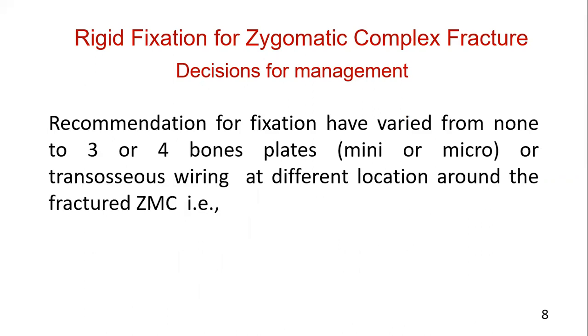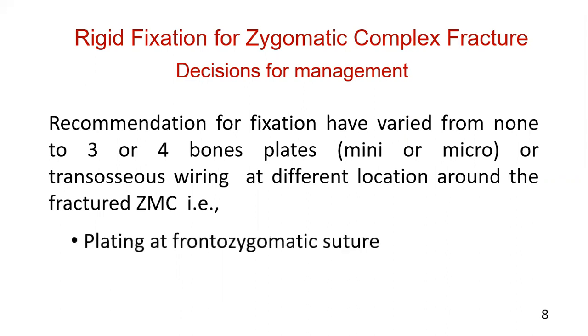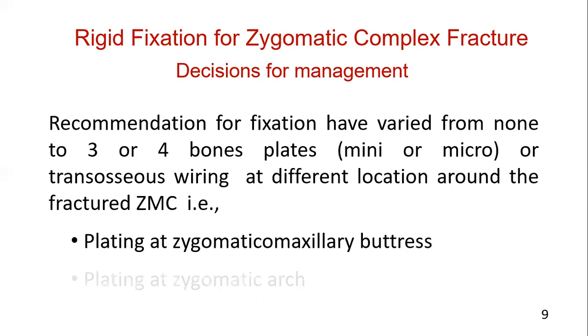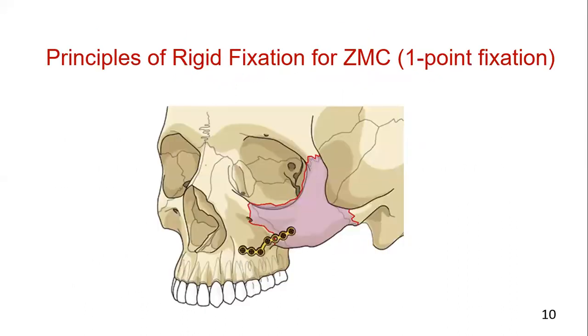And the recommendation for the fixation is from 1 point to 3 or 4 bone plates, that is mini or micro, or you can also use transosseous wiring at different locations of the fracture area. You can place the plating at the frontozygomatic suture when it is separated, and plating at the infraorbital rim can be done. And fourth is the zygomatic-maxillary buttress and the zygomatic arch area, if these areas are involved.